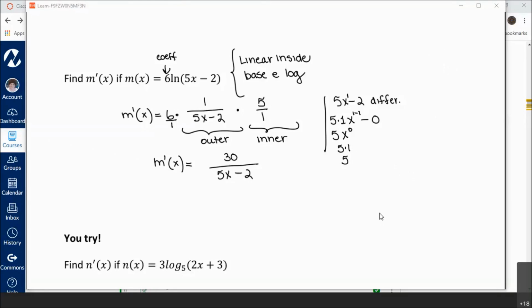You can see that in the examples we've done so far today, I'm using multiple patterns. I'm using the product rule, the power rule, the pattern for exponentials, the pattern for logs, and the chain rule pattern. So you've got to be comfortable with using multiple patterns in the same problem.